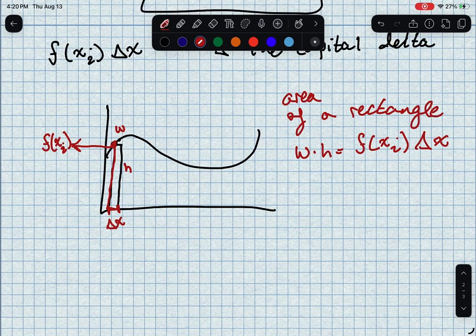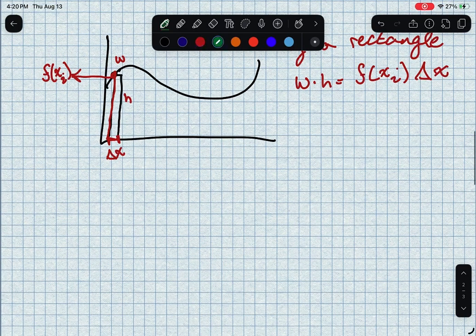So I just showed you that the width times the height is f of x sub i times delta x. When we place this inside the summation, we are adding up n different rectangles, right? So we'll go back to this. We're adding up n different rectangles, starting with i equals 1, the first rectangle, of n many rectangles with height f of x sub i and width delta x.